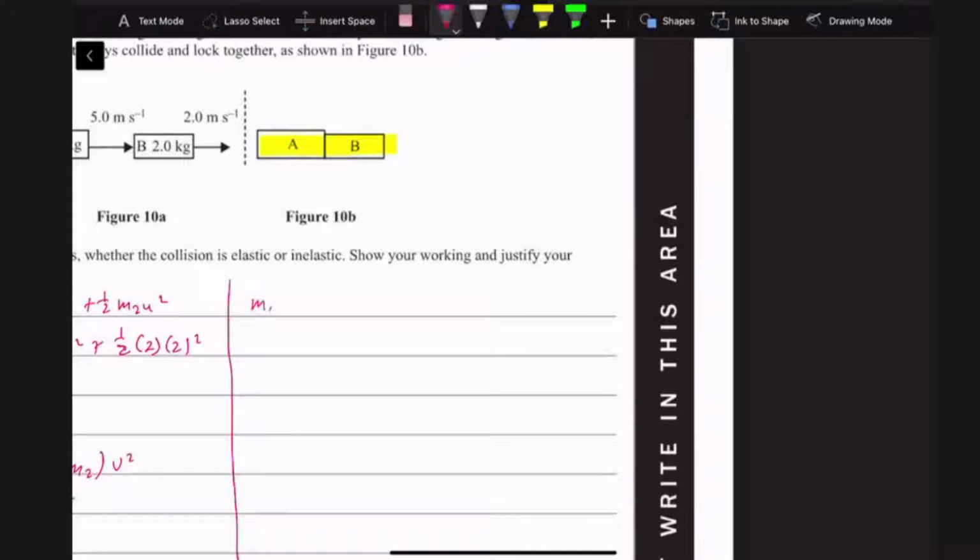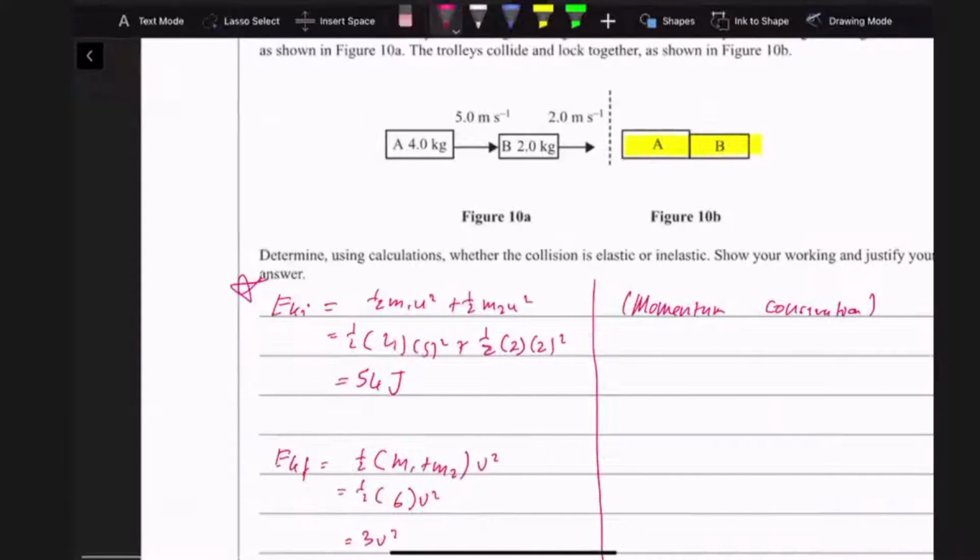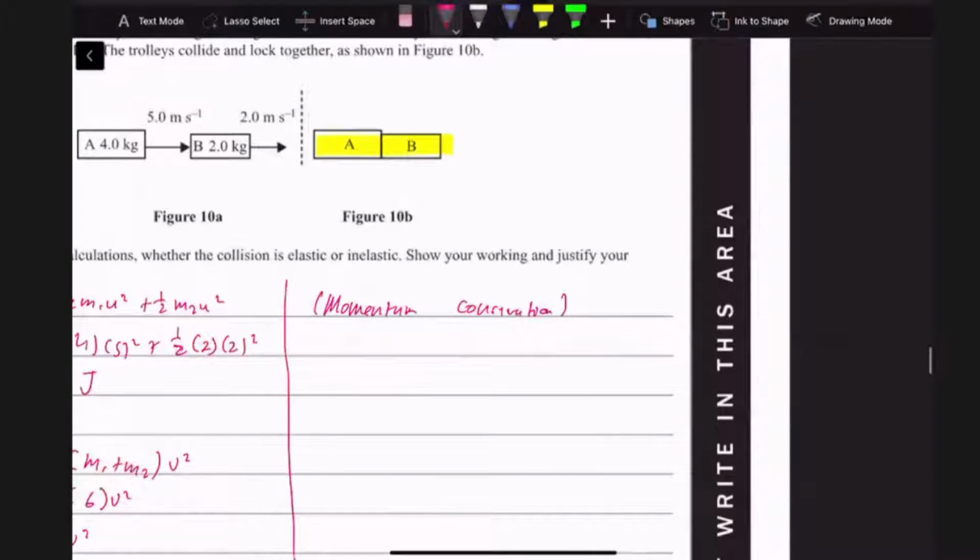answer. So if we're doing momentum conservation, m1 u1 plus m2 u2 is (m1 plus m2) v.